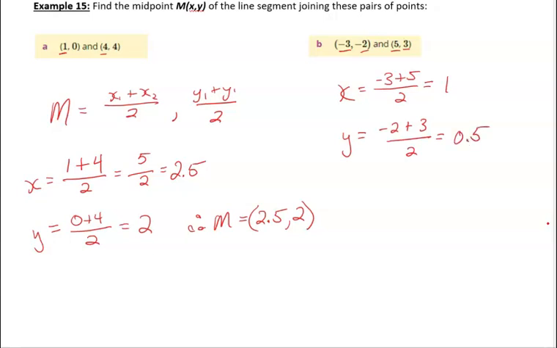Either one's right. So our midpoint for these coordinates, (-3, -2) and (5, 3), is (1, 0.5), or you could call it 1, 1/2.